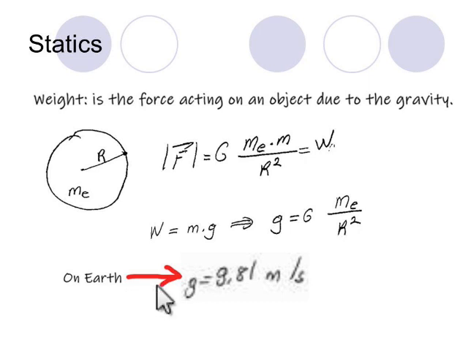And in fact, on Earth, g is equal to 9.81 meters per second squared. Sorry, this is not second, this is squared. So this is the gravitational acceleration.